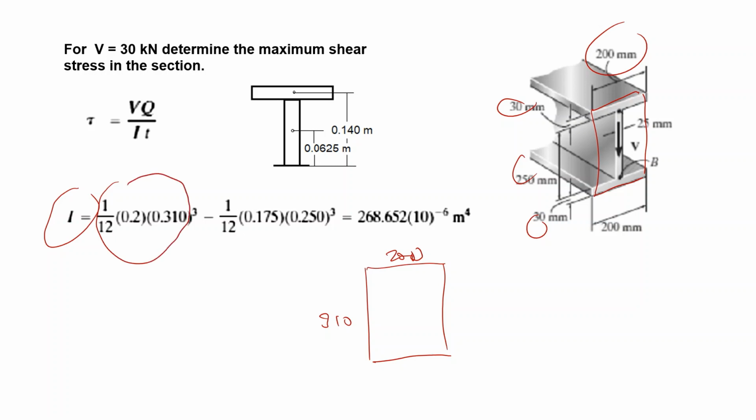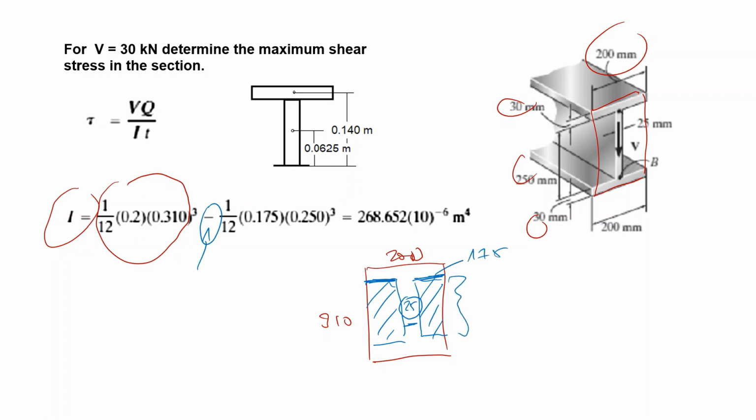Then the blue areas are taken as a minus area, and the moments of inertia for these two areas are calculated. This dimension is 25, so the remaining dimension over here is 175.